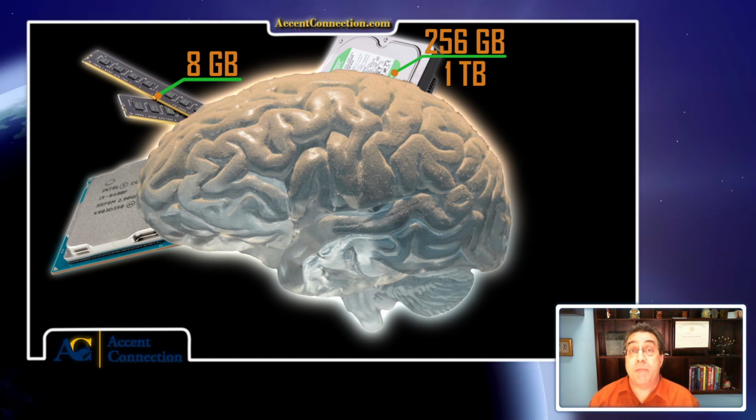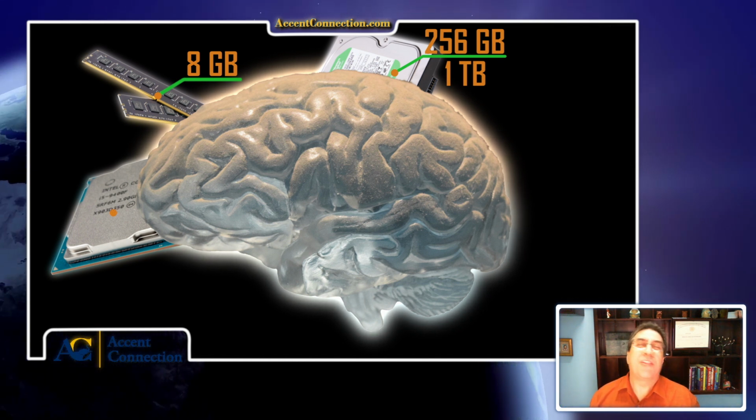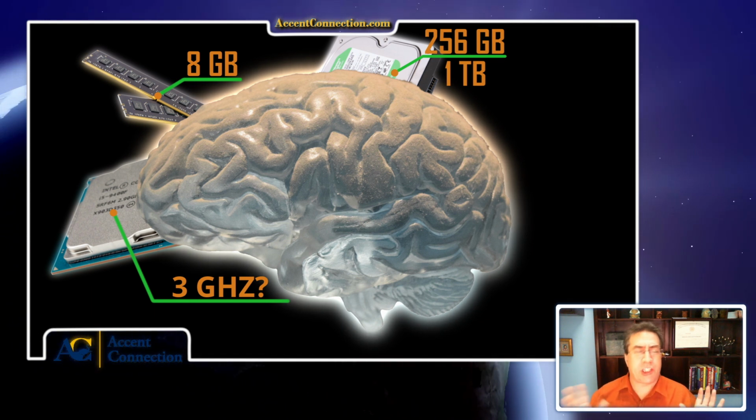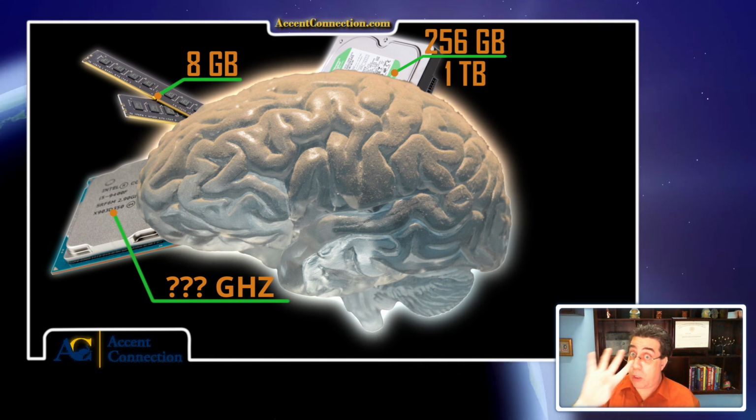CPU speed is measured in gigahertz. 1 gigahertz is like having 1 billion thoughts per second. So, how many gigahertz do we need? Well, 3 gigahertz is thrown around a lot, but CPUs are kind of strange. It's not like every 3 gigahertz CPU is like every other 3 gigahertz CPU. In fact, the laptop that I use has a 2.5 gigahertz CPU, but it has 4 cores and it does multi-threading.